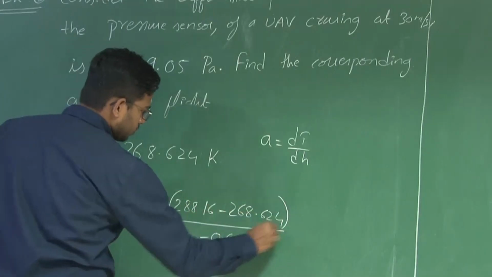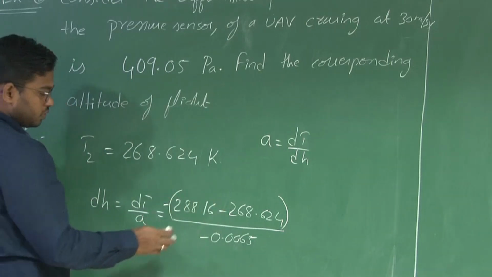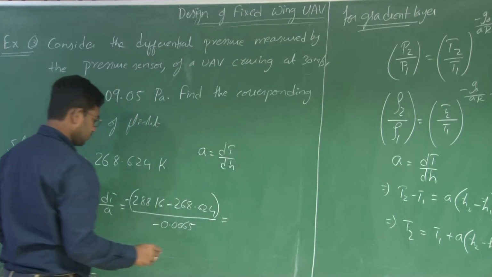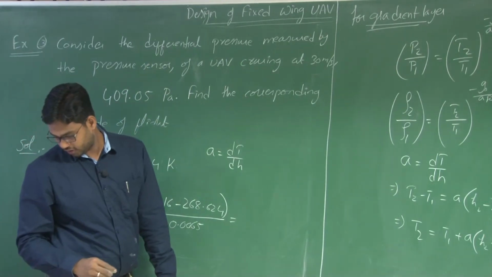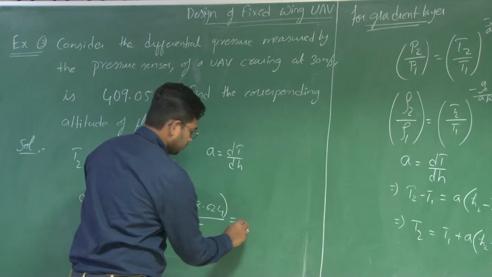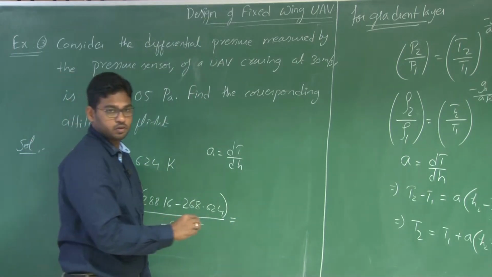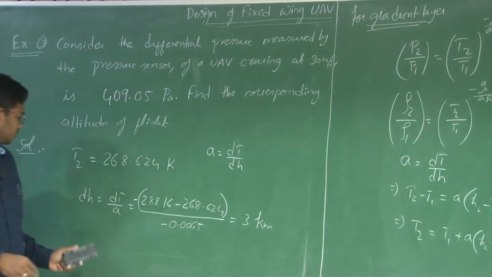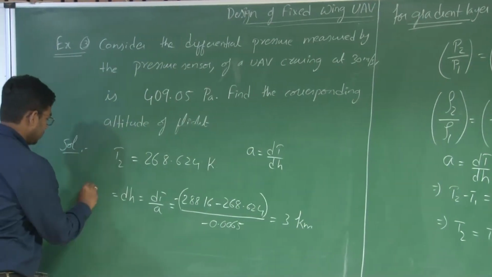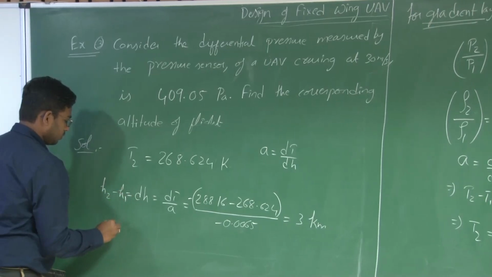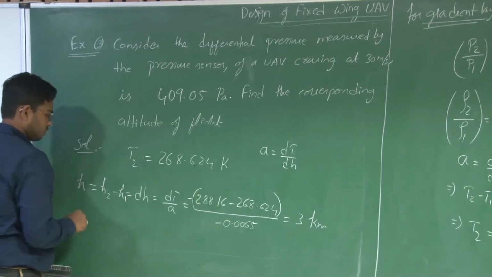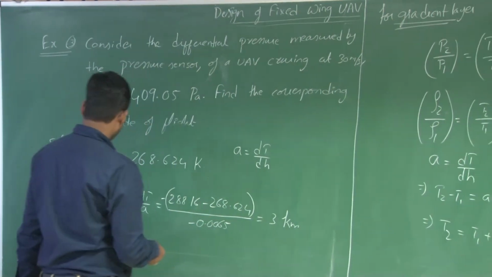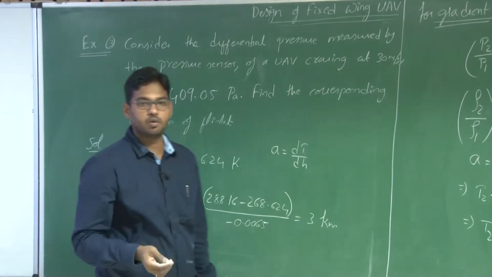This is T2 minus T1, minus of minus. This is approximately 3 kilometers. This is H2 minus H1, which is H, because H1 is 0 here, the sea level condition. Now you got the geopotential altitude as 3 kilometers.